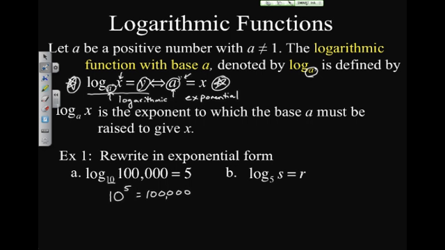So that's how you rewrite that in exponential form. For B, same idea. You identify the base first, 5, and notice that the s is by the 5 originally and the r is by itself. So when we rewrite it, the r is by the 5 and the s will be by itself. So that's how we rewrite things from logarithmic form to exponential form.